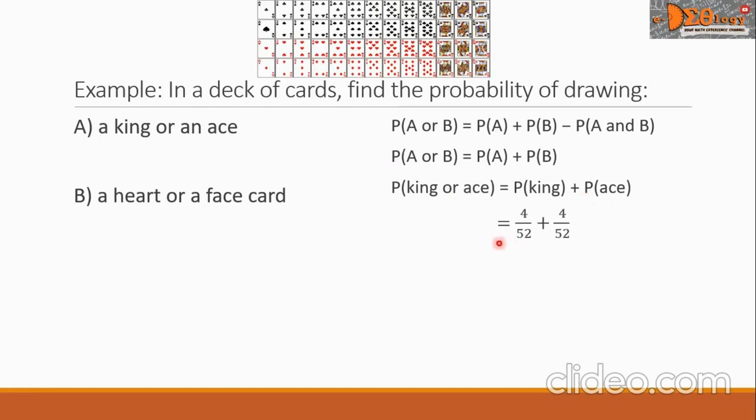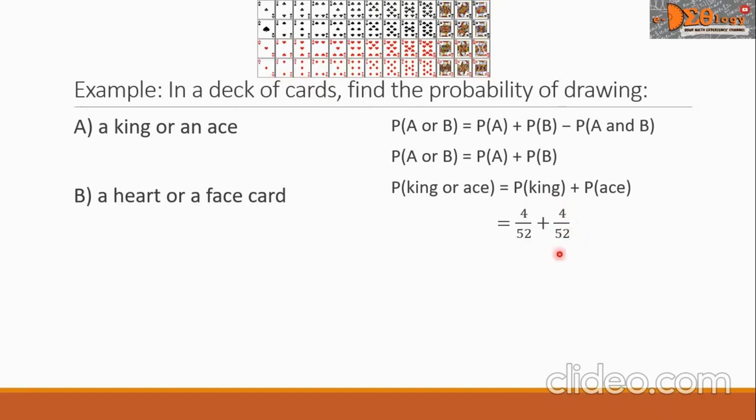So we write 4 over 52 for the P of king. We know there are 4 king cards in a deck of cards. Plus the P of ace, we write also 4 over 52. There are 4 aces in a deck of cards.